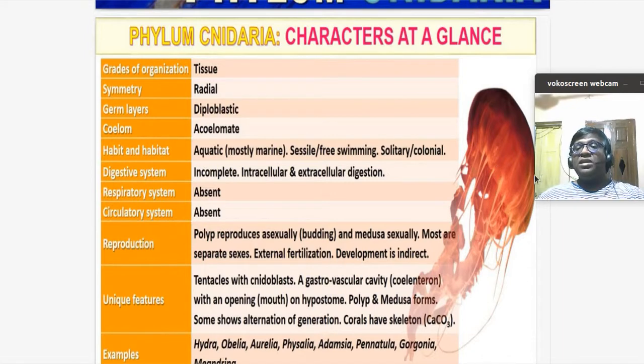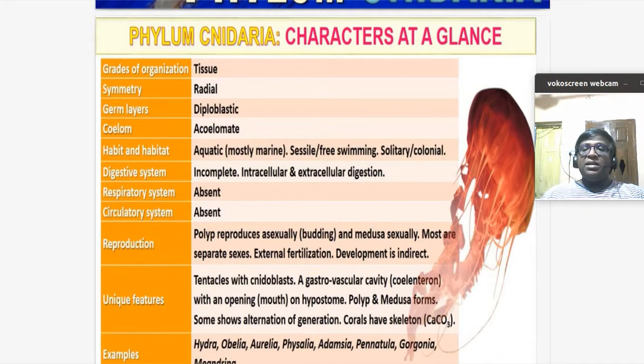In most coelenterates, the sexes are separate. That is, you can identify between male and female. And the fertilization is external fertilization. What do we mean by external fertilization? These organisms release the gametes into water. So the male gamete and female gamete fuse and undergo fertilization to form the zygote in the water.